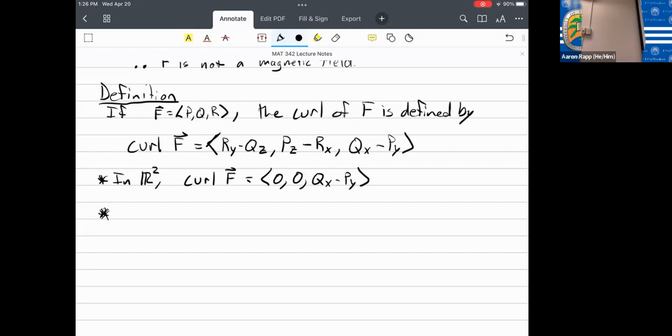Partial of r with respect to y, and partials, derivatives, are telling us how something is changing. So how the z component is changing with respect to what variable? Y. Right? Q is the component of the y dimension. So figuring out the difference between how my z component is changing with respect to y and how my y component is changing with respect to z, I'm taking the difference of it.